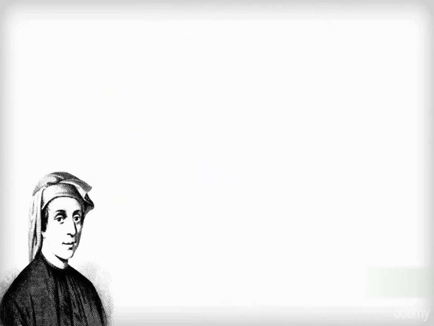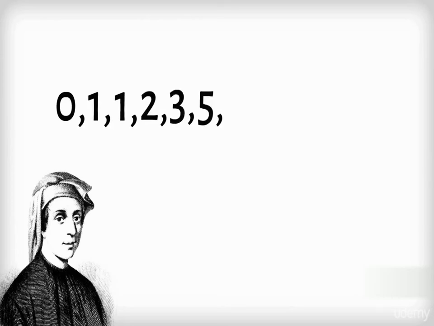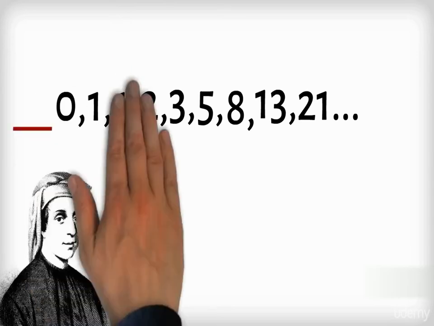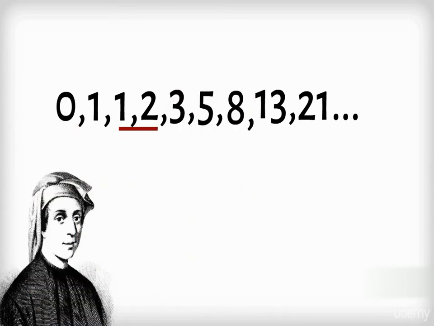They follow a number sequence as follows: 0, 1, 1, 2, 3, 5, 8, 13, 21. Adding the first 2 numbers together gives the next one. From that point on, adding any number to its predecessor gives the next number in the sequence.